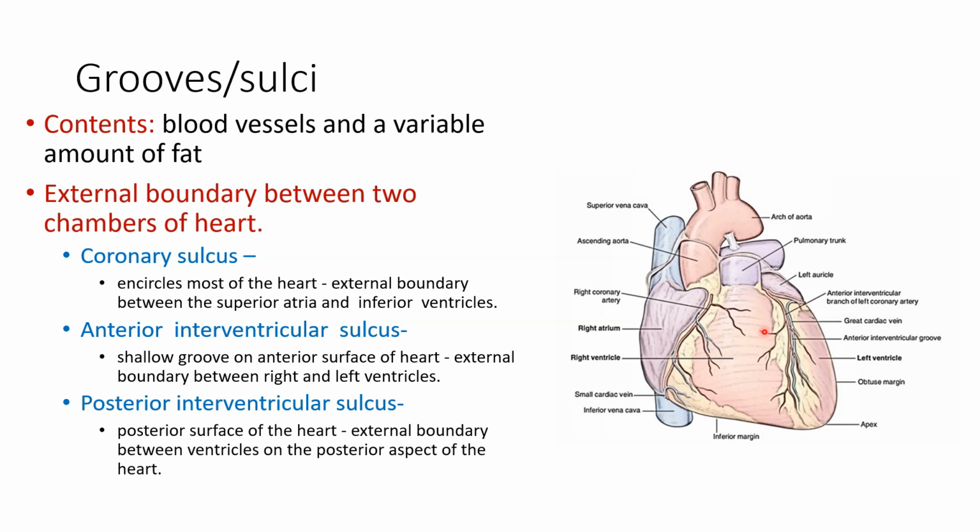Then the anterior interventricular sulcus is a shallow groove on the anterior aspect of the heart, and it is the boundary between the right and left ventricles. Then on the posterior surface is the posterior interventricular sulcus, which is the external boundary between the ventricles on the posterior aspect of the heart.